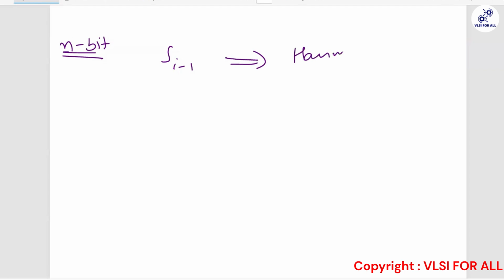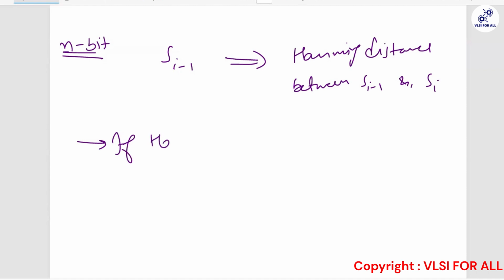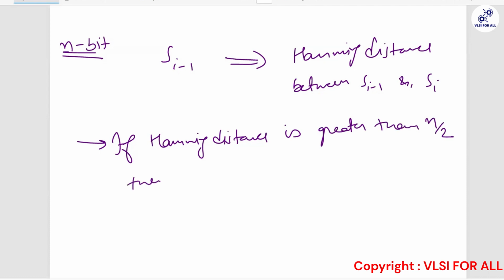The Hamming distance tells the number of bits that differ. If the Hamming distance is greater than n by 2, then we will send Si bar.